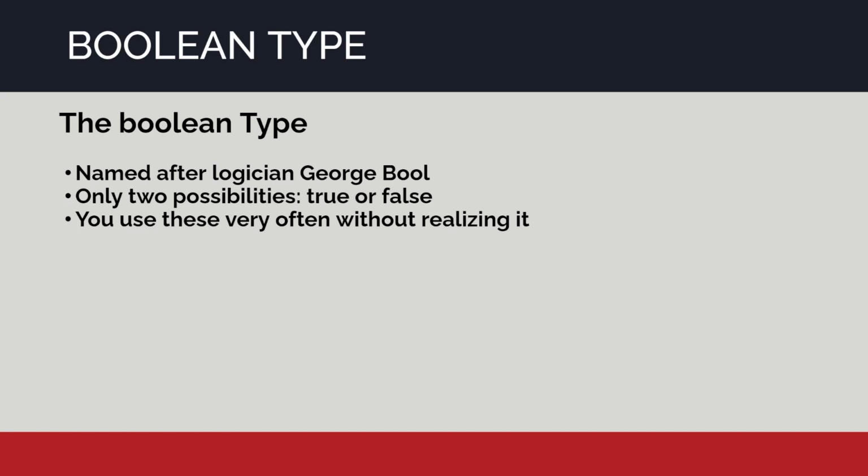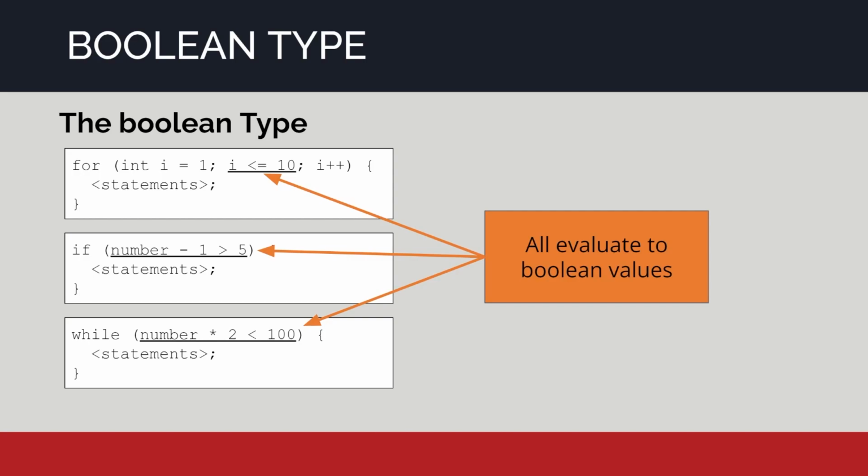And we've used these expressly at different points, but we've been using them very frequently without even realizing it, or I guess more specifically, without even calling it out. So yeah, we've been using it in for loops and if statements and in while loops. All of these underlined expressions evaluate to Boolean values.